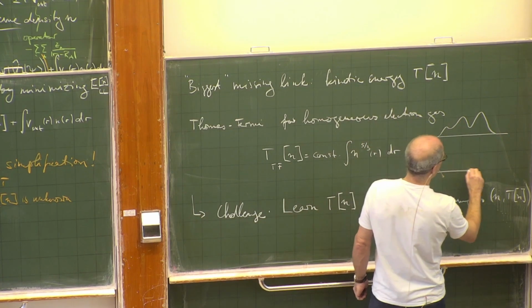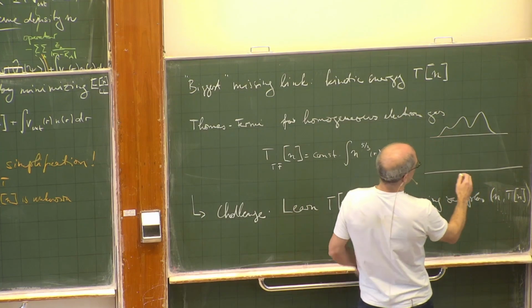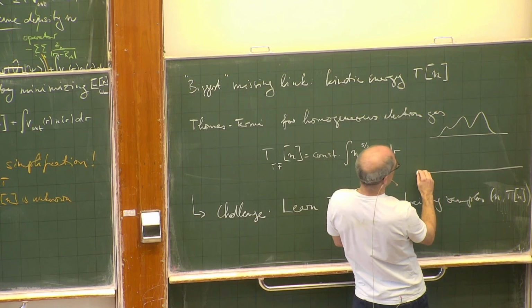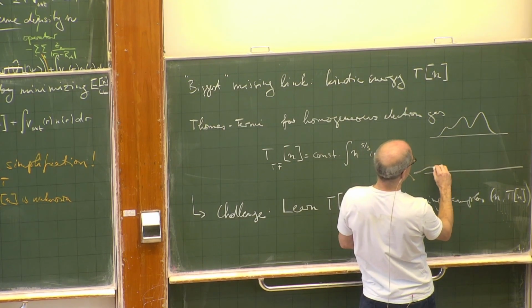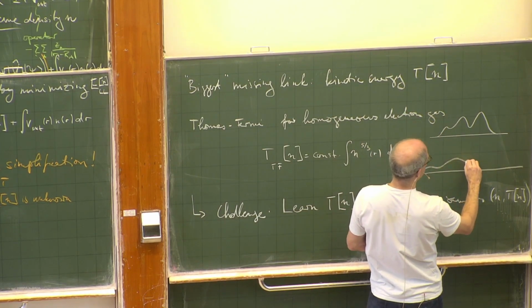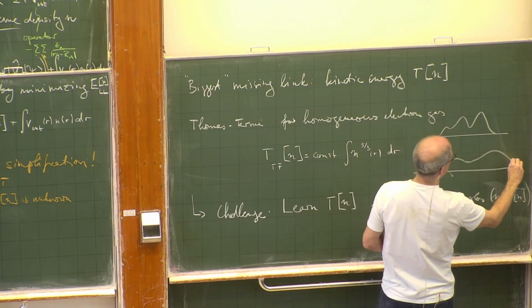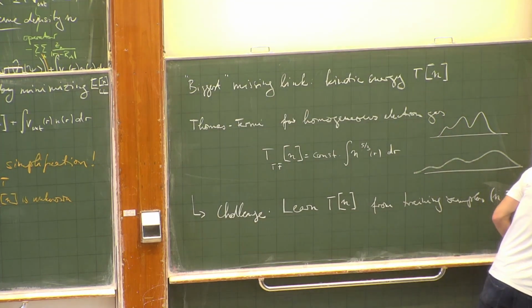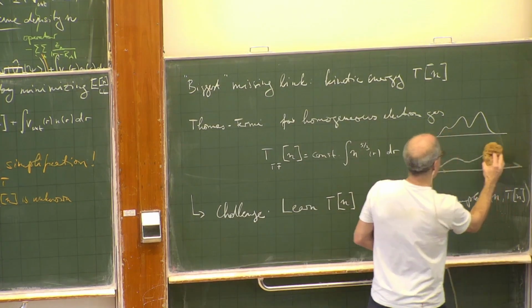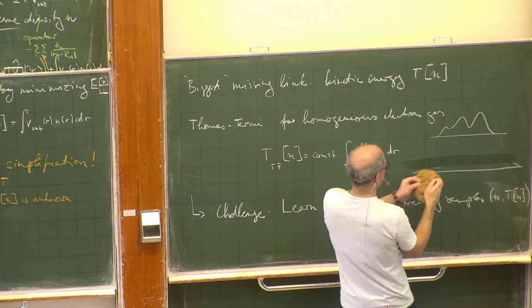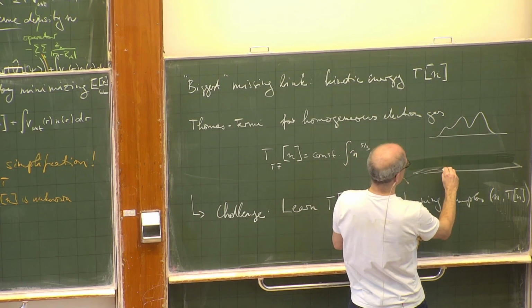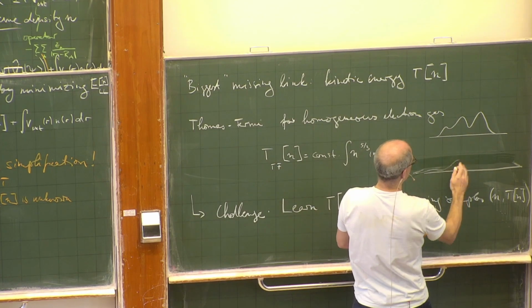And now I'm trying to draw the same density, but I'm diluting it. Yeah? So I'm making it flatter and wider. And I should have made this a bit lower because the integral needs to remain the same. Let me try again. So it's the very same density, just spread out.